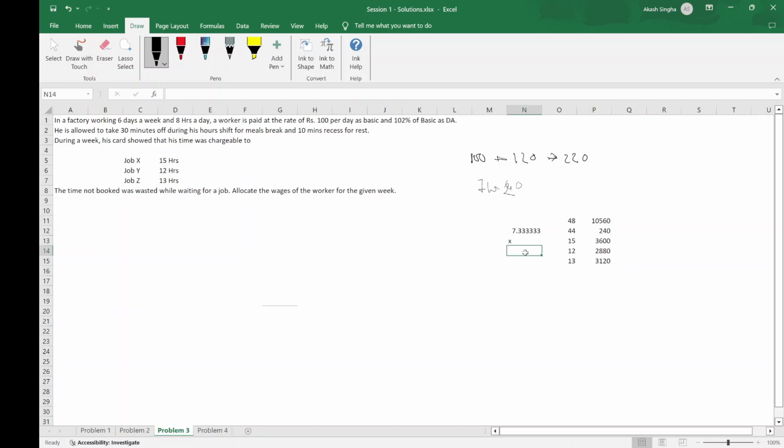So this will be the cost associated with each job, and whatever is left equals 960, or we can say 4 hours, which is wasted in between the jobs.